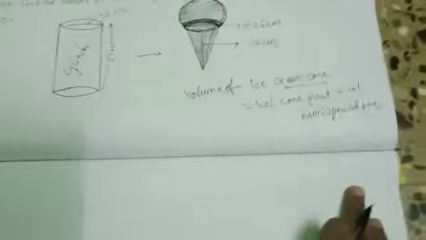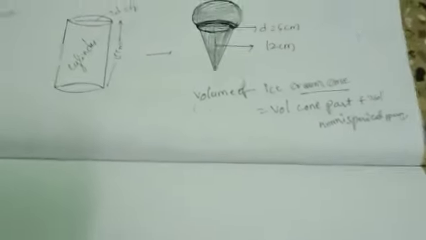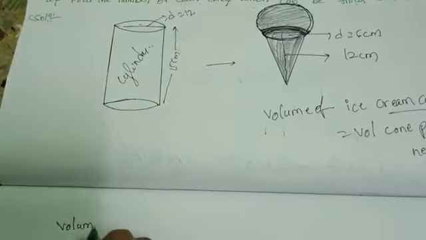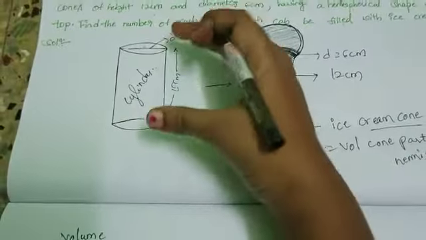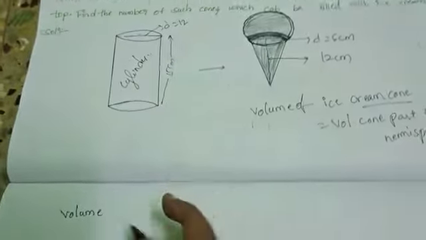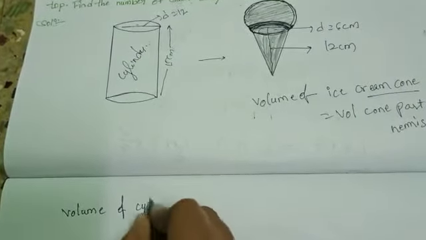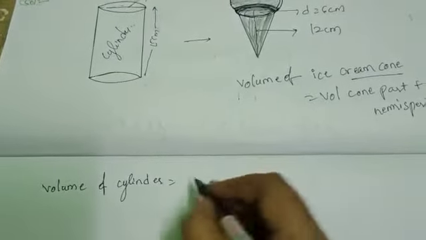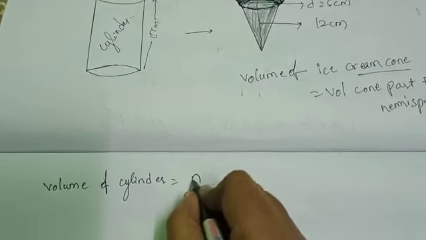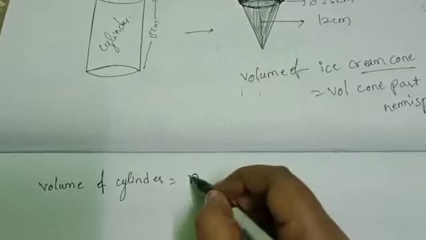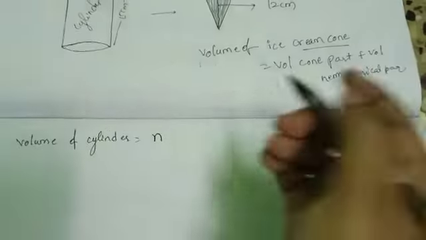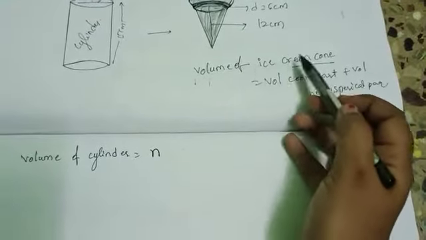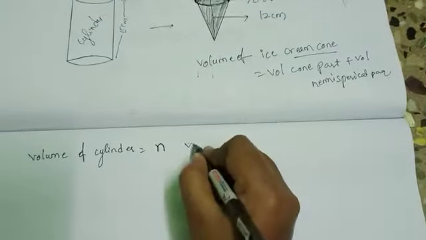So the volume of total ice cream is nothing but the volume of the cylinder. Volume of cylinder equals the number of cones required for the total ice cream times the volume of an ice cream cone. N into the volume of ice cream cone.